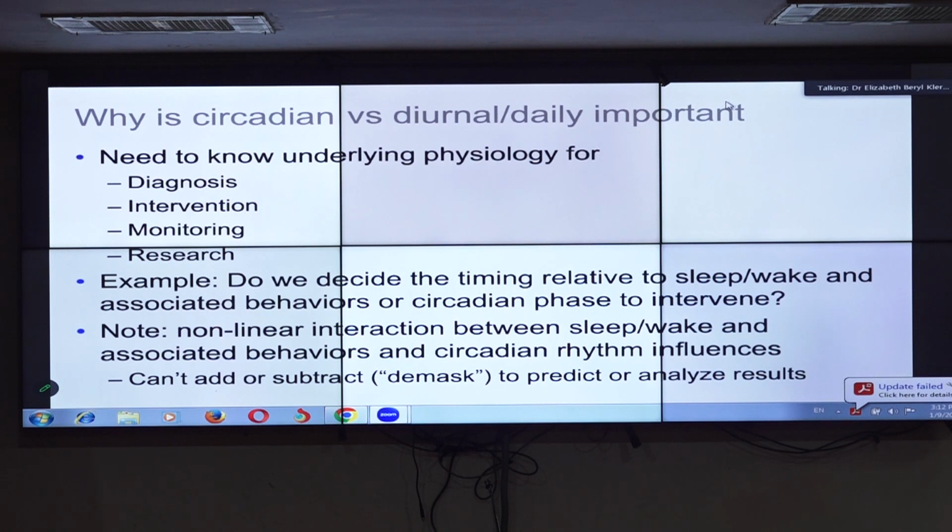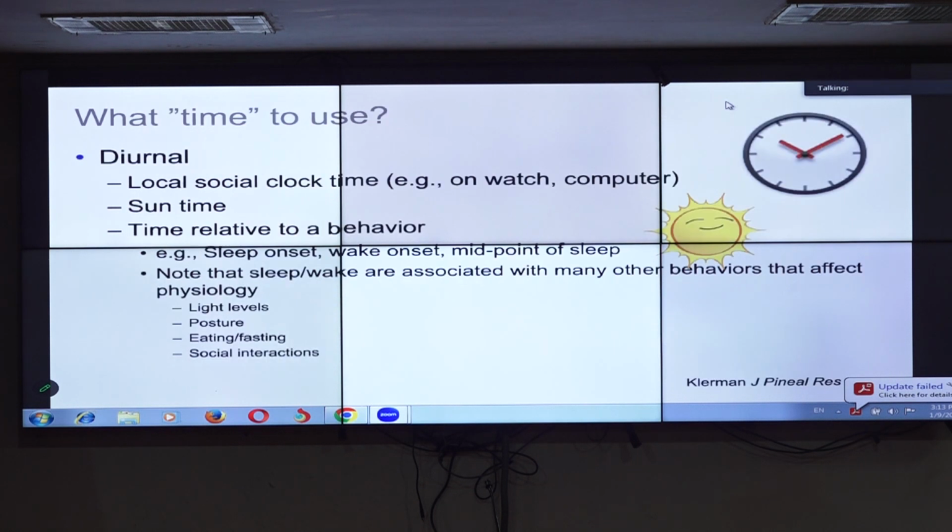So when you're asleep or you're awake, you have changes in light levels, you have changes in posture, you have changes in social interactions, you have changes in eating and fasting. There are all these things that happen, but if we want to do circadian phase, we need to know circadian phase.